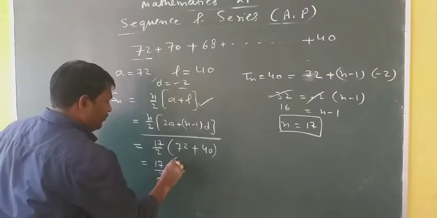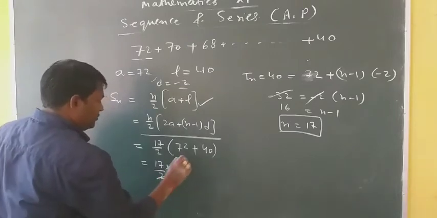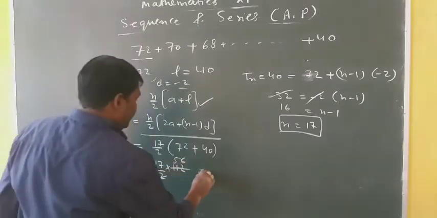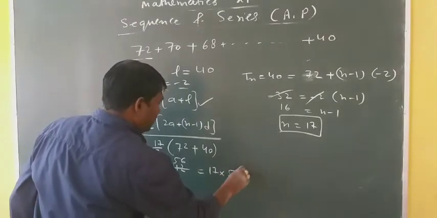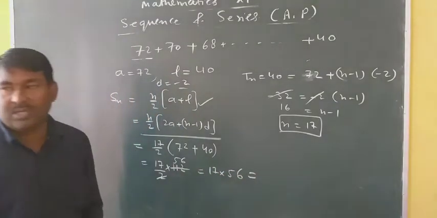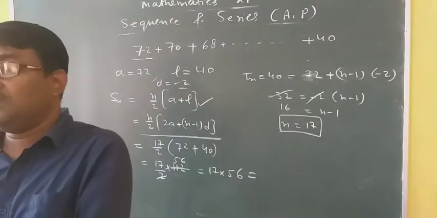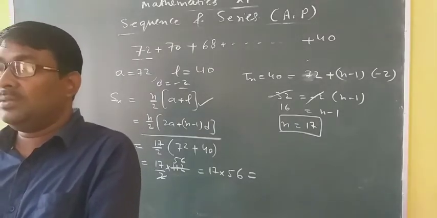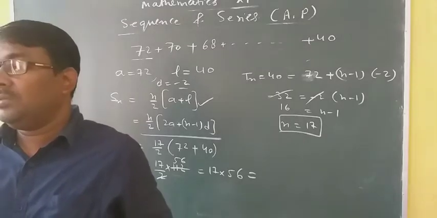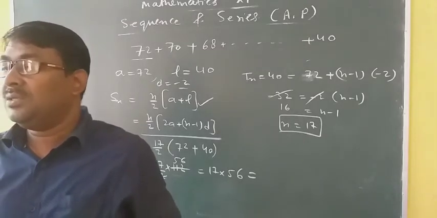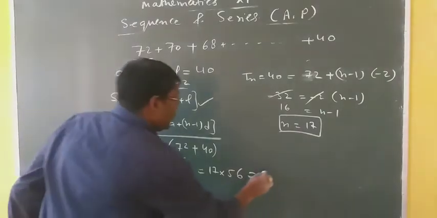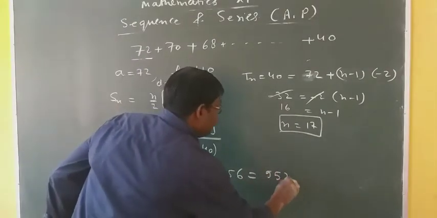Now 2 5 and 2 6. It implies that 17 into 56. Now you can find its result. How much is it? This result is 952.